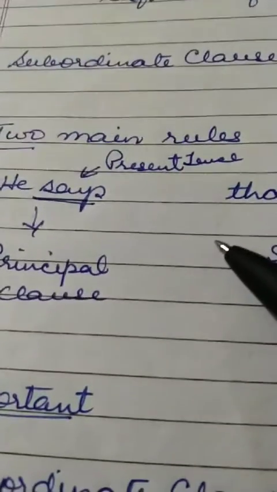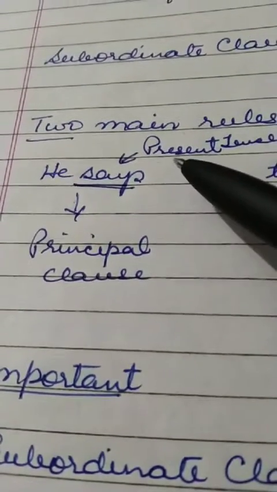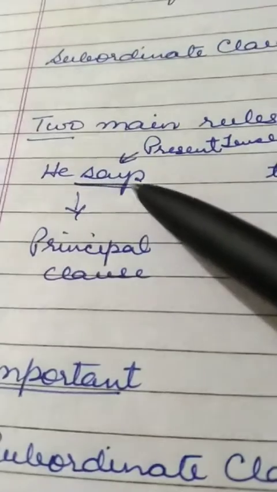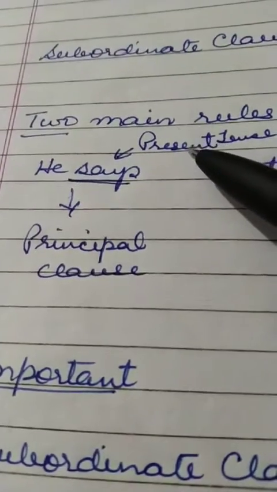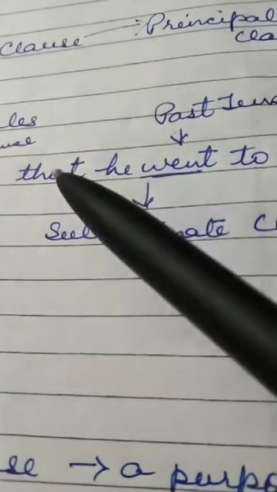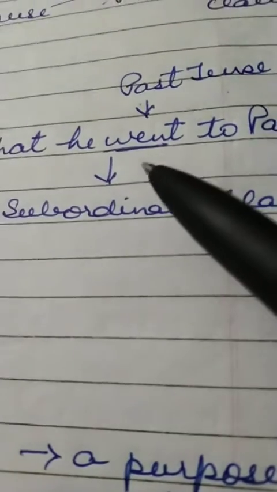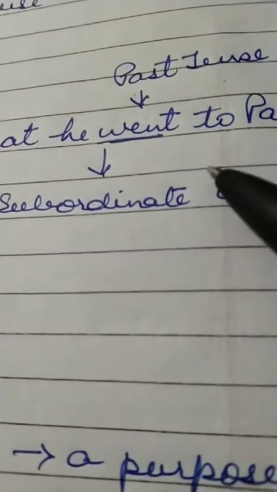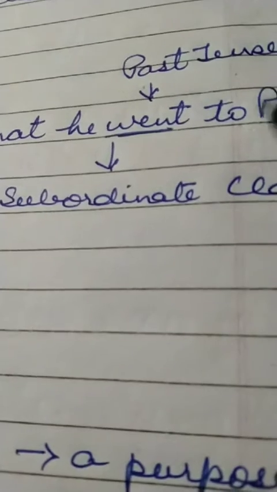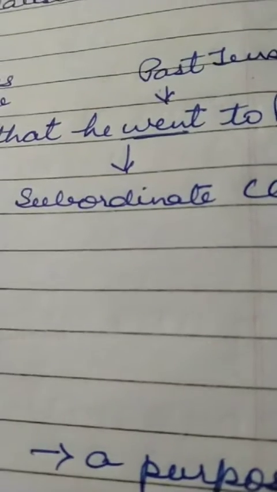So according to rule 1, if the principal clause is in the present or future tense, says is in the present tense, then the tense of the verb in the subordinate clause can be present, past or future, depending on the sense it conveys. So here it is in the past tense.